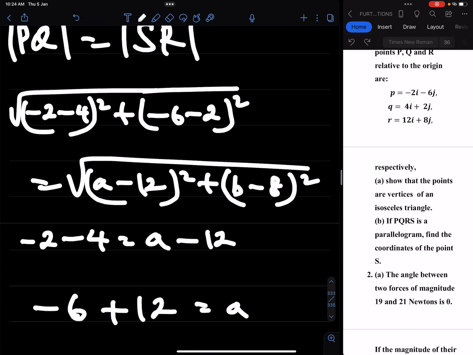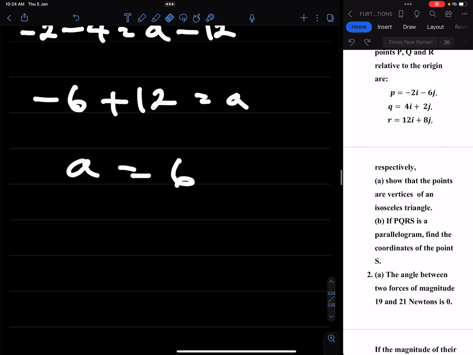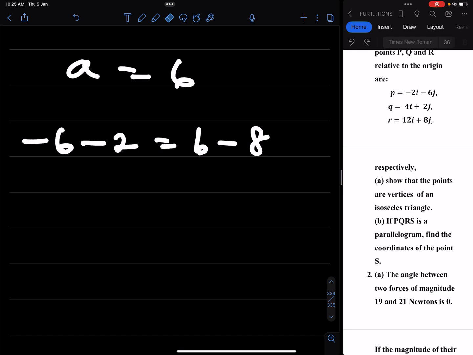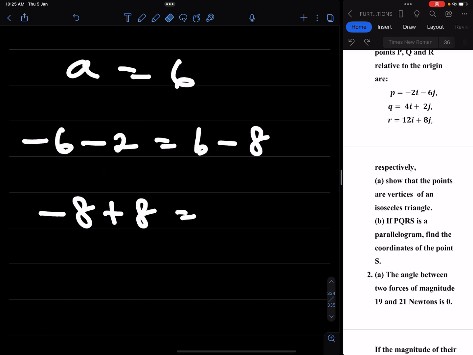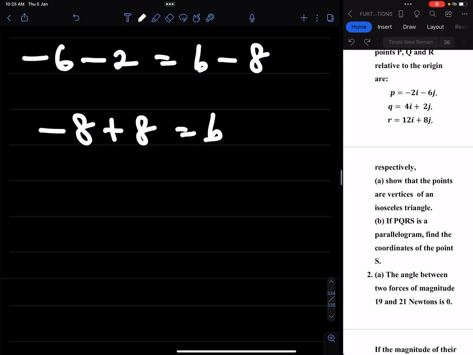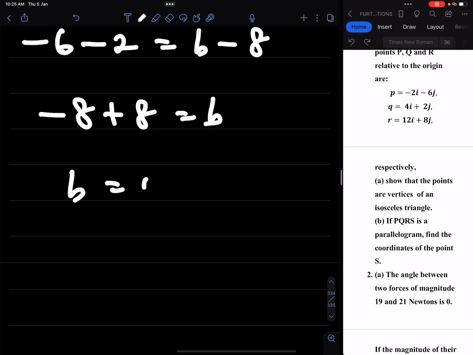In the same fashion, minus 6 minus 2 equals B minus 8. Minus 8, when you bring it to the left hand side, becomes plus 8, so 8 minus 8 equals B, and B equals 0.